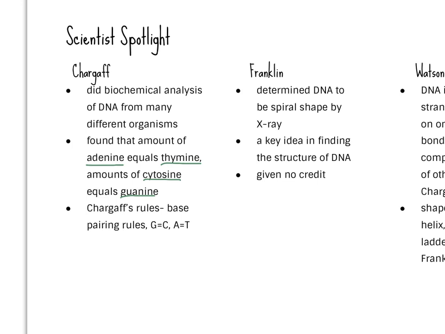So he came up with these rules that he discovered, and they are the base pairing rules, where G is always going to pair with C, and C can pair with G. It can go both ways. And then A is always going to pair with T, and T is always going to pair with A. You'll never see a G pairing with an A on purpose, and you'll never see a T pairing with a C or any of those combinations. It's always GCAT.